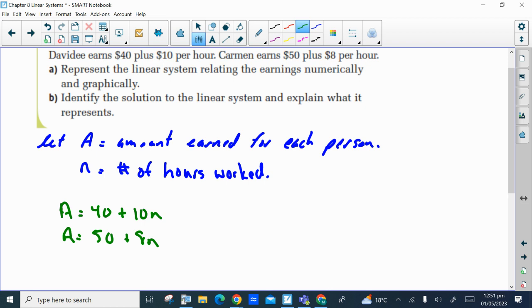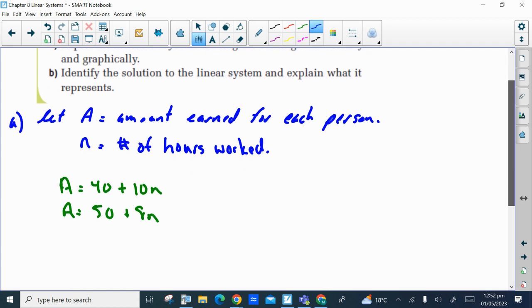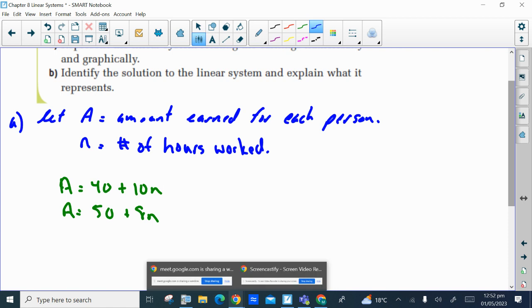So there's our two equations. So these two steps are all part of part A, representing the linear systems, relating the earnings numerically, and we've written the equations, so that's our numerical part, and then we can use them to do the graphical part to find the solution, and then also explain what it represents.